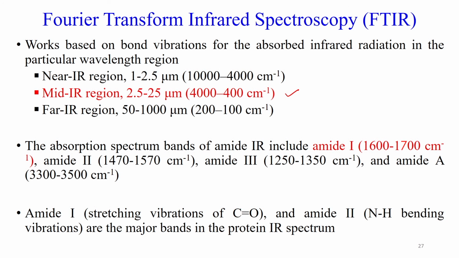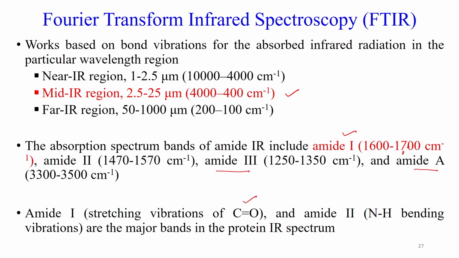For the protein in this mid IR region, we have the amide 1 region at 1600 to 1700, the amide 2 region at 1470 to 1570, the amide 3 region at 1250 to 1350, and the amide A region at 3300 to 3500 centimeter inverse. These amide 1, amide 2, amide 3 and amide A bands come from different functional groups of a particular protein.